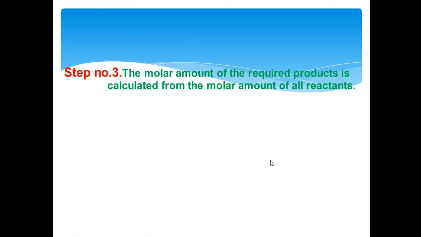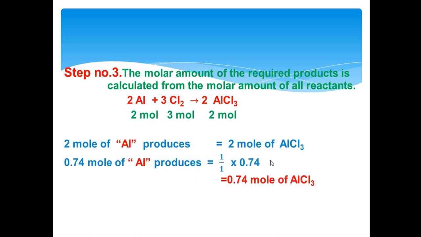Now according to the third step, 2 moles of aluminium produce 2 moles of aluminium chloride. 0.74 moles of aluminium will produce 0.74 mole of aluminium chloride.